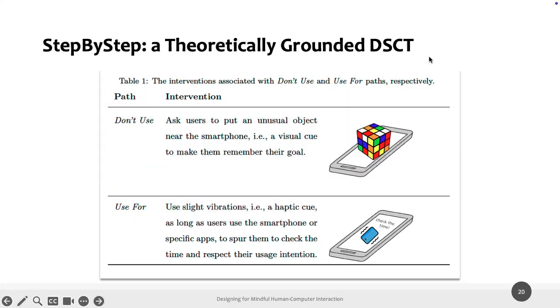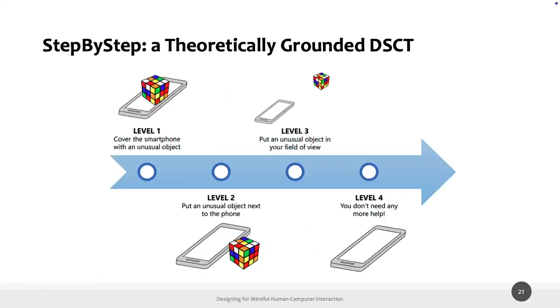Just to make some examples. This was a learning path to make the user aware of the time the user is spending on the smartphone and allowing the users not to use the smartphone in specific contexts.